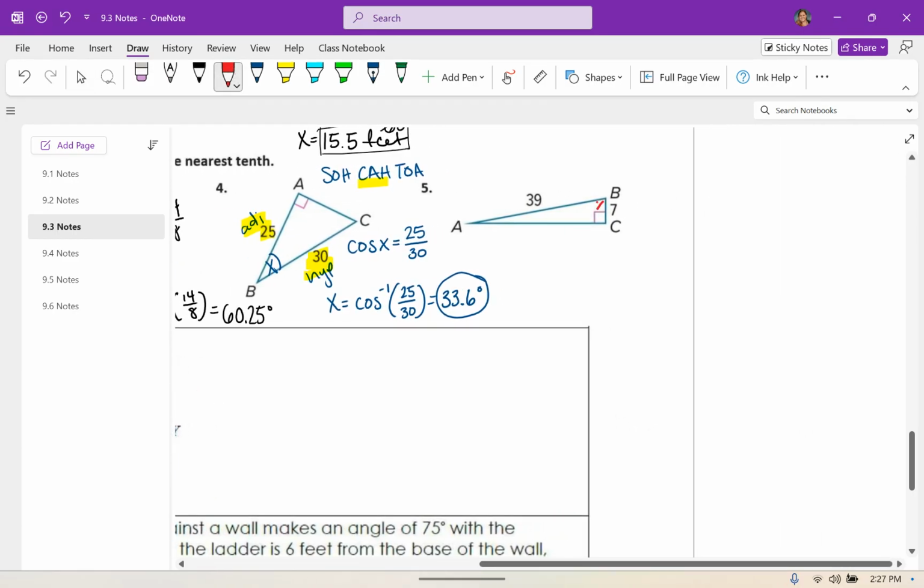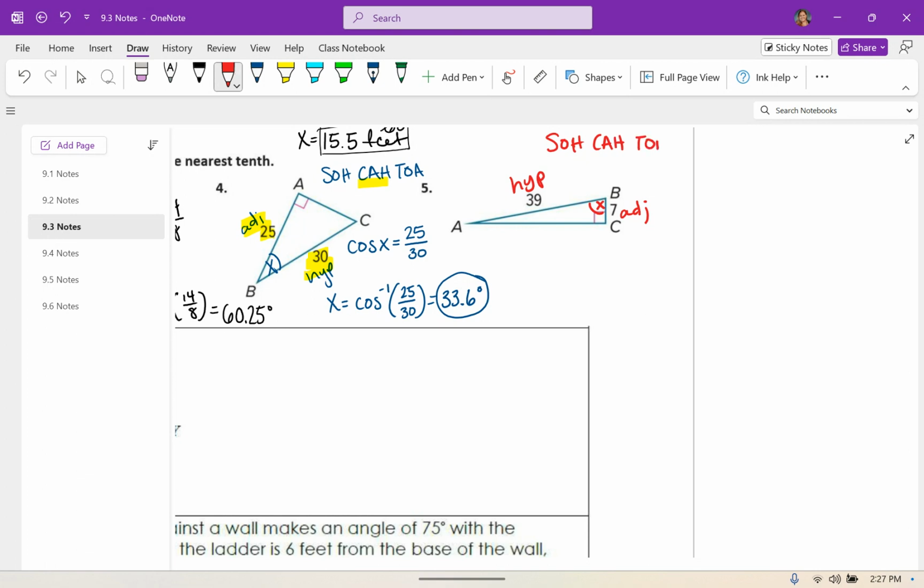Here we go. We're going from angle B, and we know that 39 is the hypotenuse and 7 is adjacent. So SOHCAHTOA, A and H again. So cosine of x equals adjacent over hypotenuse.